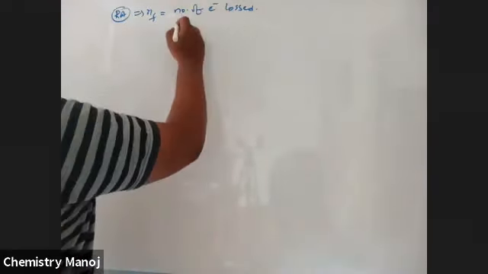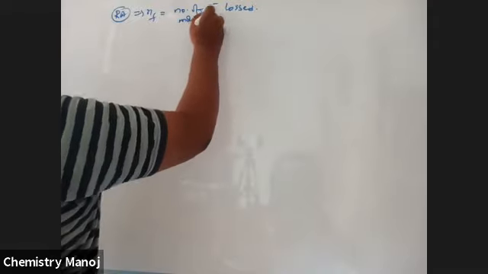The number of moles of electrons lost is equal to the n factor for that one.